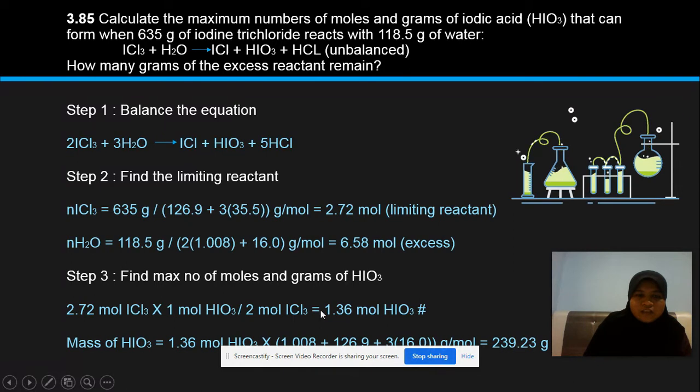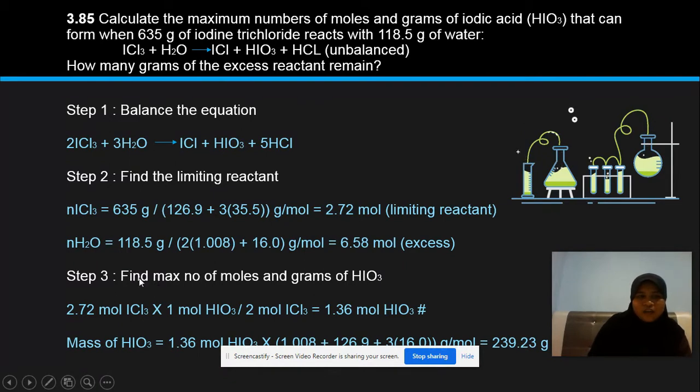Next, the question asks us to find the maximum numbers of moles and grams of iodic acid. So we answer the first question in this step 3.